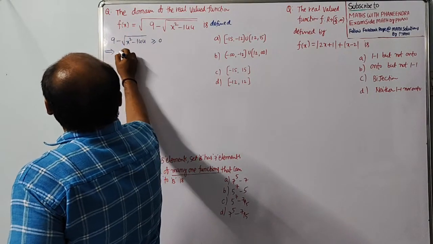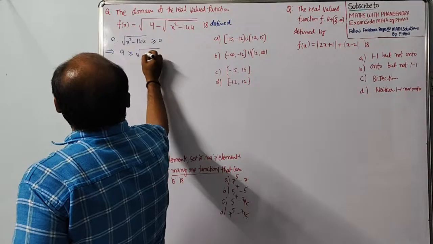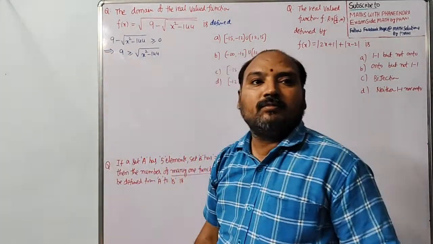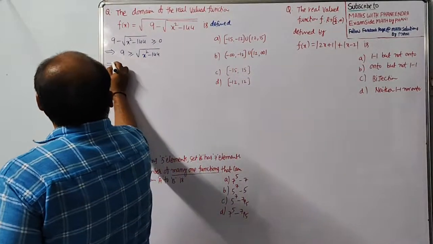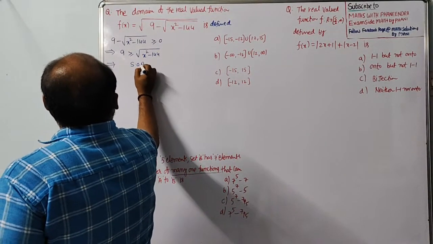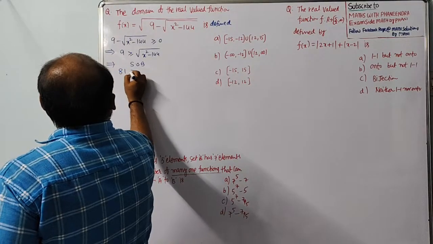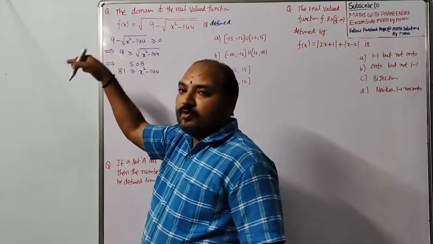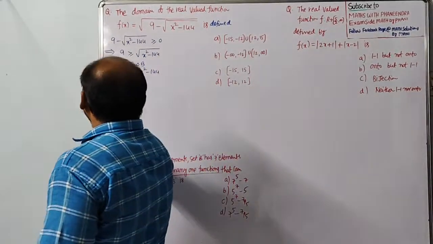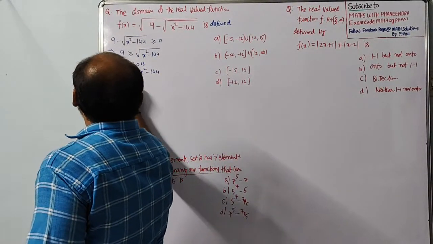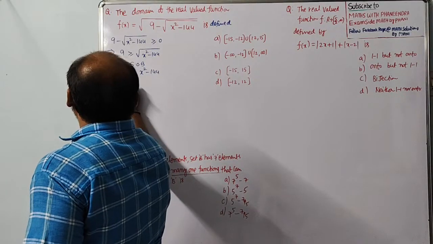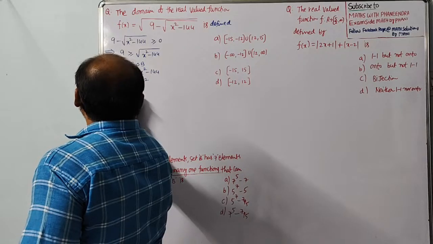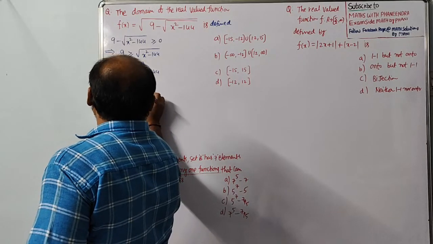That implies that 9 is greater than or equal to root over x square minus 144. So squaring on both sides, 81 is greater than or equal to x square minus 144. Minus 144 bring this side. So what comes? 144 plus 81 is 225 is greater than or equal to x square. So x square is less than or equal to 225.